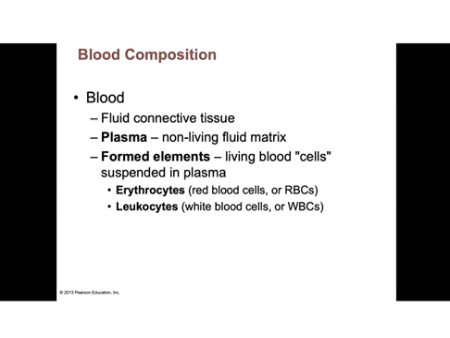Lots of stuff, right? There's water, there's waste products, there's hormones, there's proteins, there's electrolytes, there's dissolved gases like oxygen and CO2, okay? And all of that provides viscosity and function to the plasma, okay?